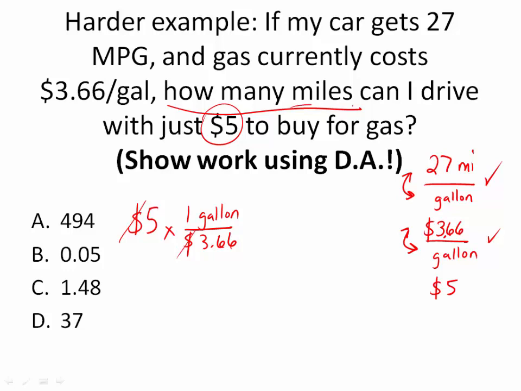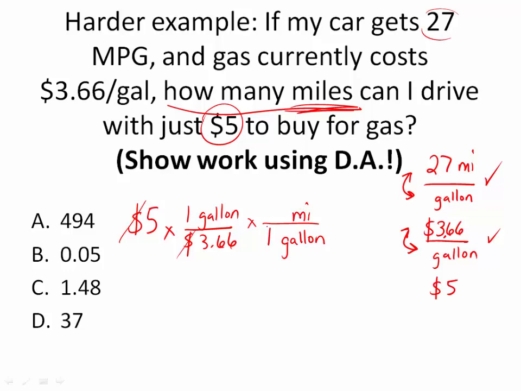And I'm trying to get into miles, so I need to know how miles relate to gallons. And remember, my car gets 27 miles to the gallon. 27 miles for every gallon. Do I need to flip that conversion factor? And the answer is no, because I need gallons to go on the bottom, so they'll cancel out the gallons on the top, which means that miles goes on the top.